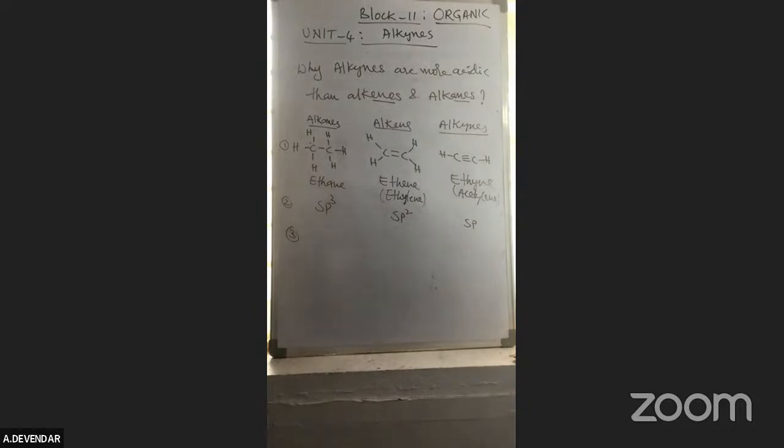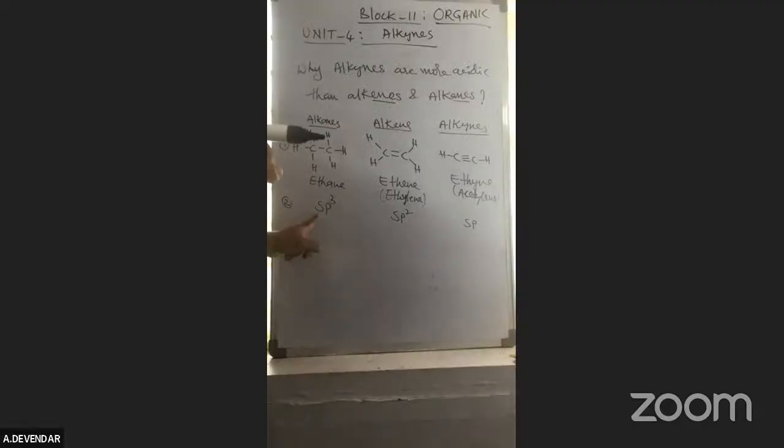How can you remember that? Here, how many s orbitals are there? One spherical s orbital and 3 dumbbell-shaped p orbitals mix with each other, forming 4 sp3 hybrid orbitals. That is called sp3 hybridization.